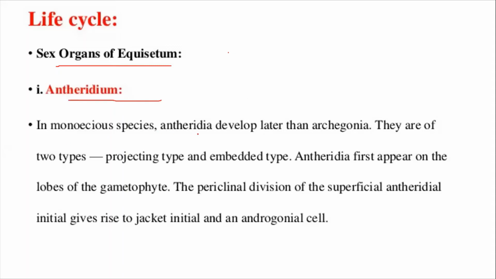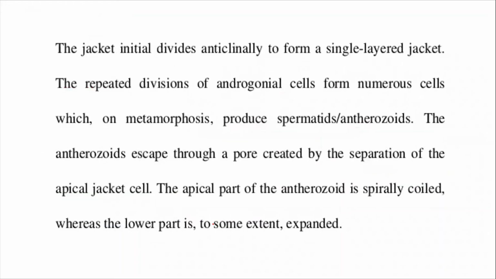The antheridium develops later than the archegonium. First the archegonia develop and then the antheridia. So what are these antheridia? They appear on the lobes of the gametophyte. By the periclinal division of the antheridial initial, it gives rise to the jacket initial and the androgonial cell.